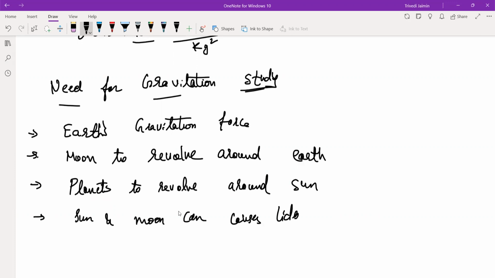Tides. Moon revolving, Earth's gravitation.